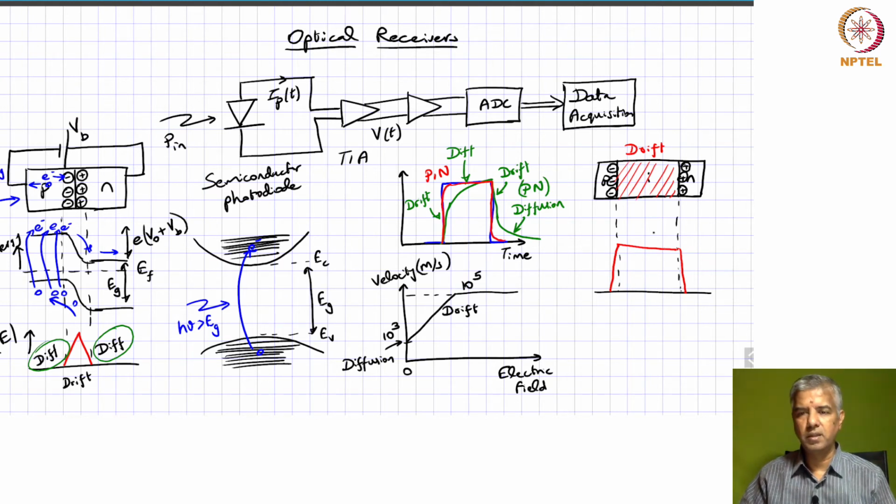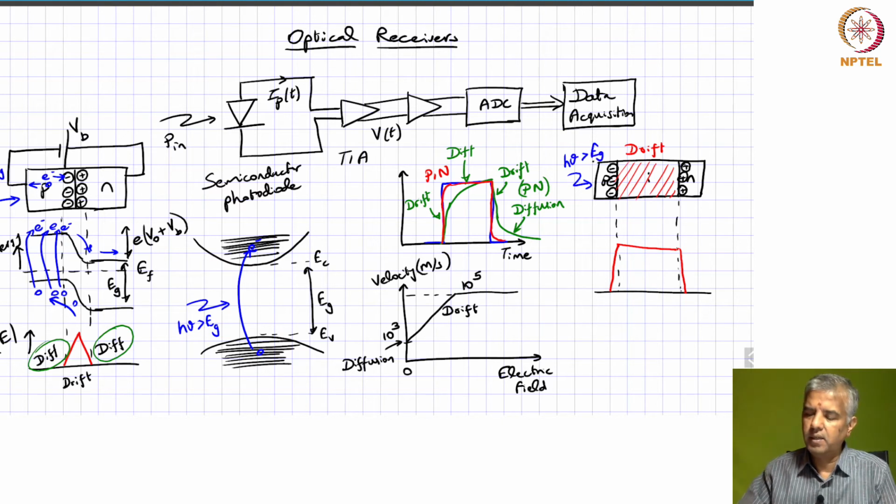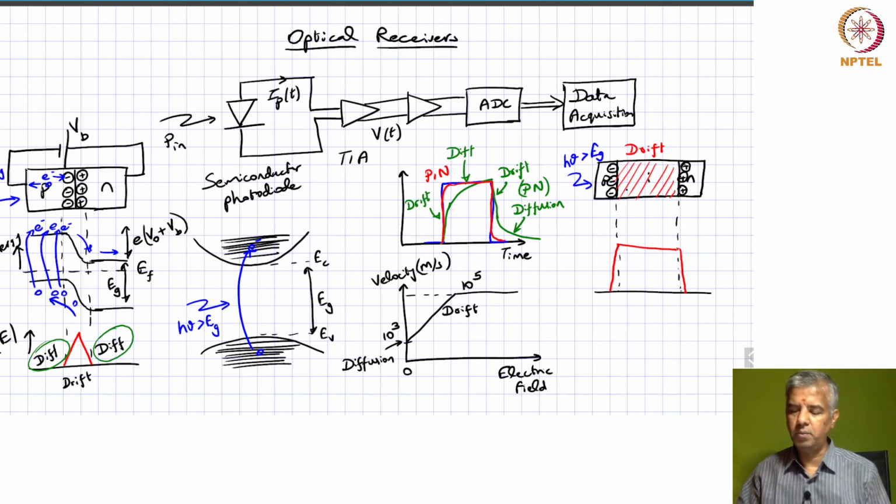So that means that whatever absorption is happening, you have a certain absorption happening across the structure, but most of the absorption is happening within this. So this is h nu, which is greater than Eg, right? And most of the absorption is happening within this I region. That's the dominant aspect of the structure, and there it is undergoing drift transport, and because of that you have a relatively faster response in a PIN.